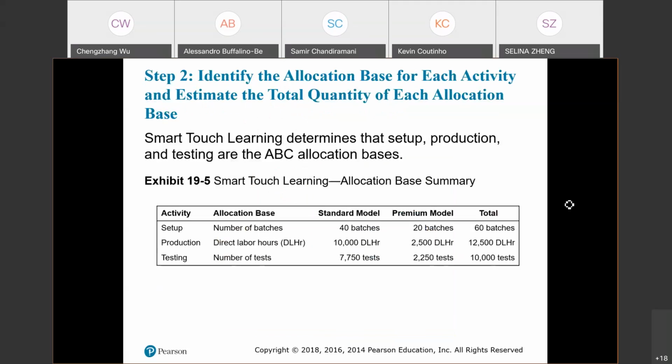Well, this slide states the basic information of each different activities. For setup, standard model uses 40 batches to set up, and premium model production uses 20 batches.